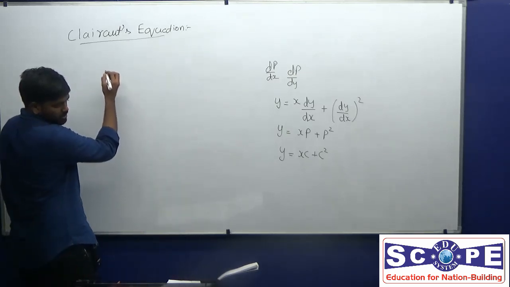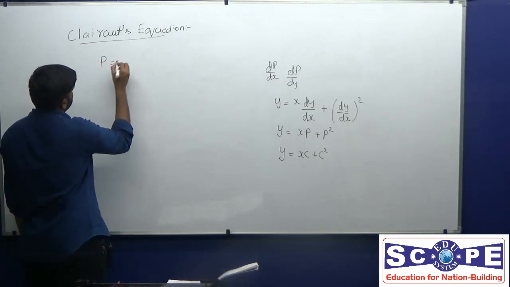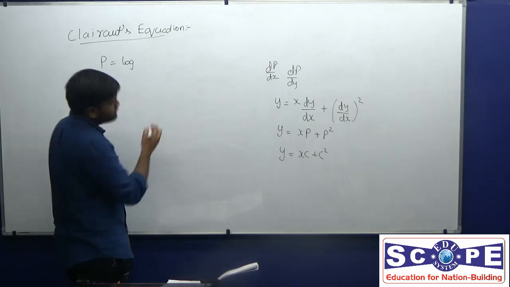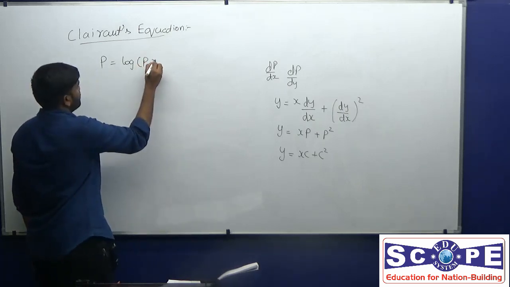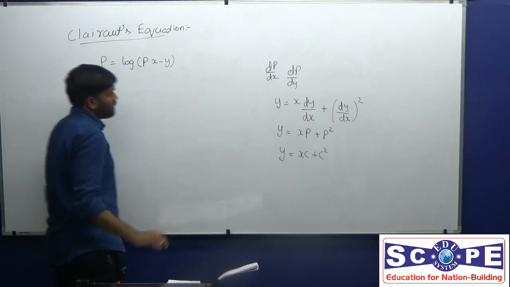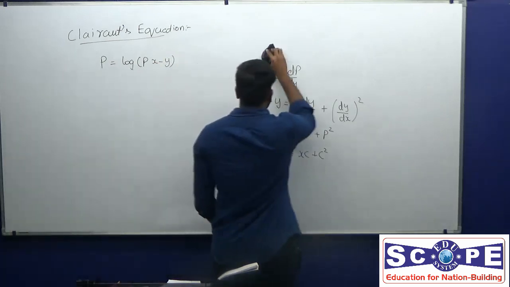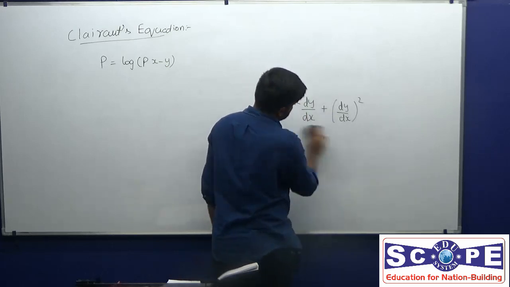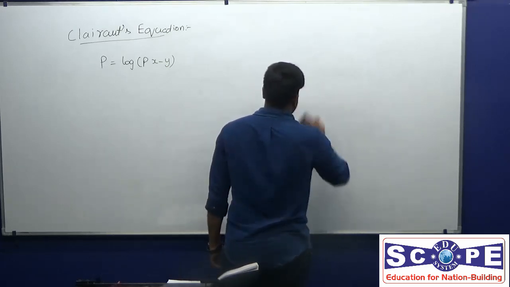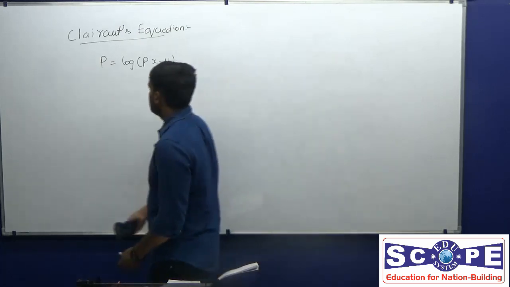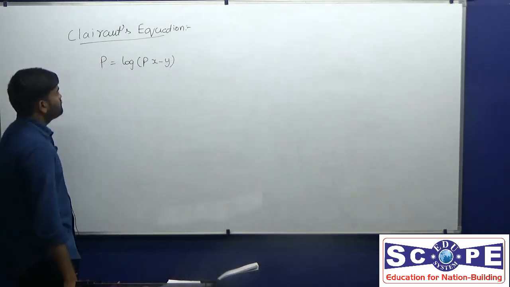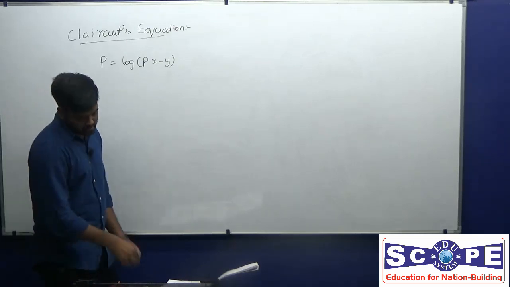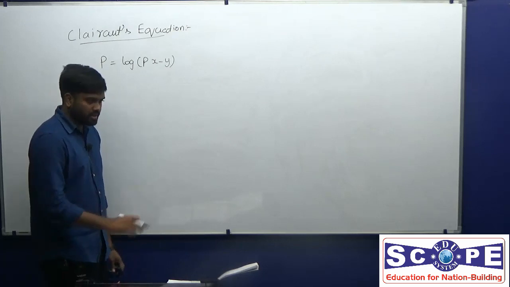P equals to log of px minus y. Y equal to cx minus e power c, right.